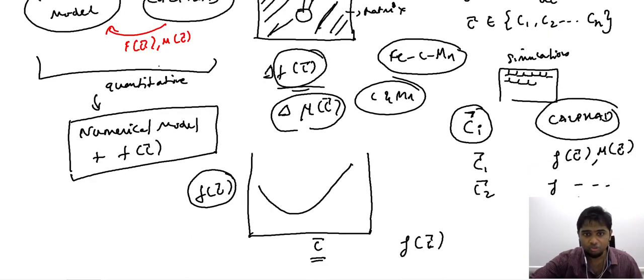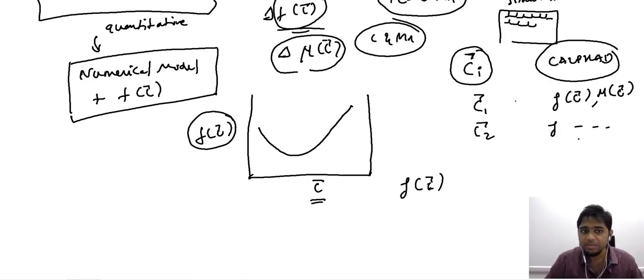The other approach is, we can replace these individual data points, which is what you gather when you have an exchange of information, with a function, and append that function to the numerical model in such a way that whenever there is a concentration for which the free energy and the chemical potential is unknown, you can use this function to calculate the corresponding free energy and chemical potential.